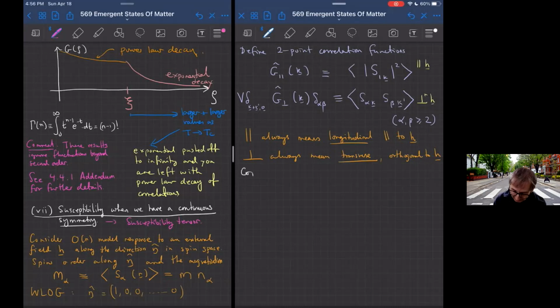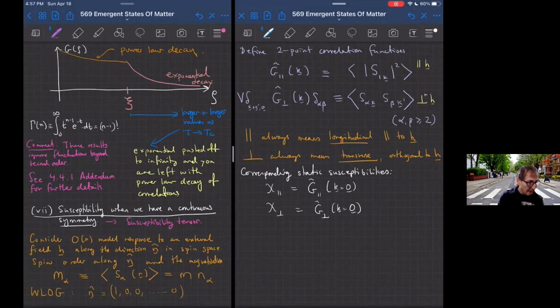So the corresponding static susceptibilities are chi parallel, equal to G parallel at k equals 0, and chi perpendicular, equal to G perpendicular at k equals 0. Okay, so that's just from the static susceptibility sum rule.